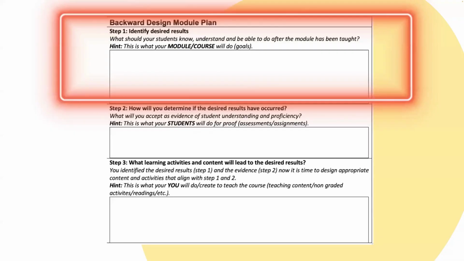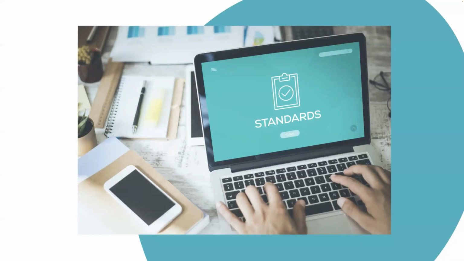Another thing you can do is in your backward design plan, your step one area where you talk about what your students should know, understand, and be able to do will help you get started in writing some of those goals that you want to use for your training as well. And remember, these are the big picture, the overarching goals, not so much the assessment goals. You can also look for standards.